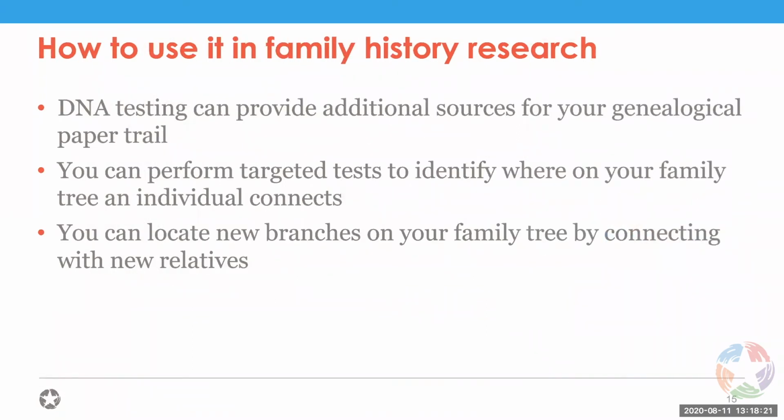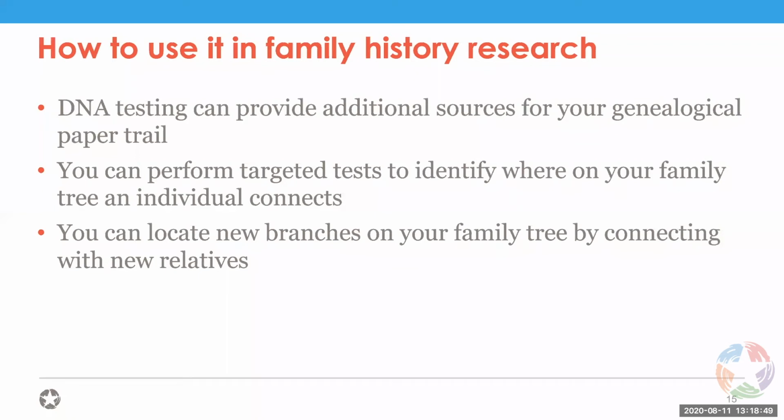So how to use it in family history research? Sometimes a paper research trail can be a little tricky to decipher. For example, a last name that might have always been considered German, if you do a DNA test, you might actually find out that the family's from Russia, which can be discovered through DNA ethnicity mapping.